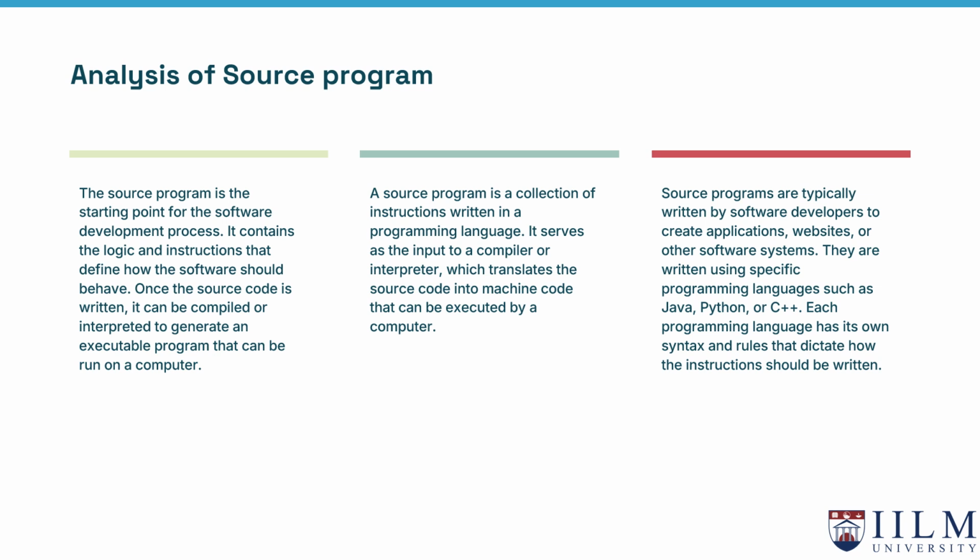Once the software code is written, it can be compiled or interpreted to generate an executable program that can run on a machine. If we take the example of a Java program, we save the Java program with the .java extension, and whenever we compile that Java file, it generates another file that is known as a .class file.